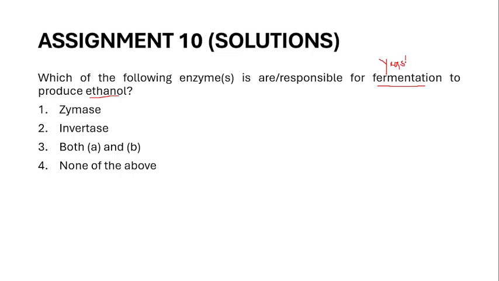Mainly the enzymes produced by the yeast are zymase and invertase. These two enzymes are very helpful in the conversion of the carbonaceous matter to ethanol in the fermentation process. So the right answer is zymase and invertase. So option 3, both A and B, is the right answer.